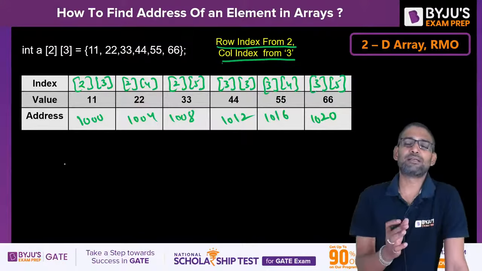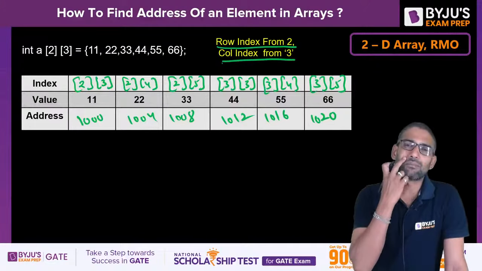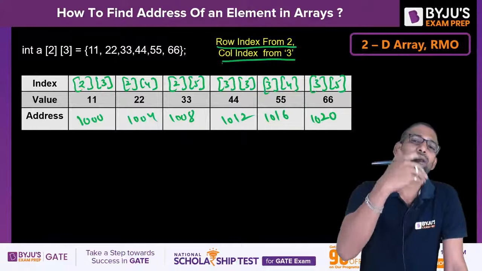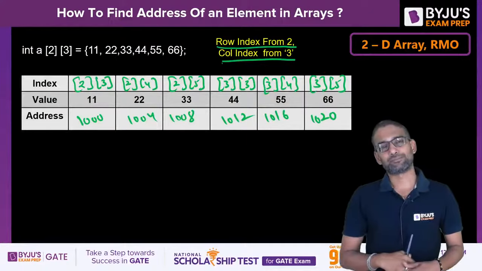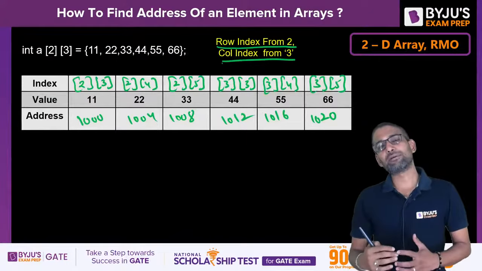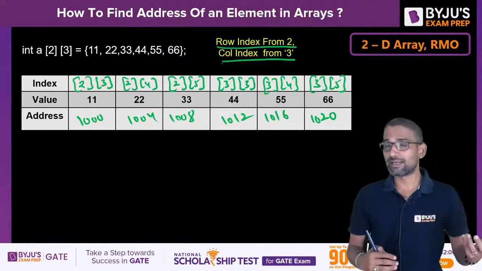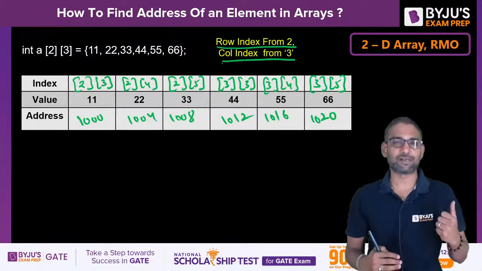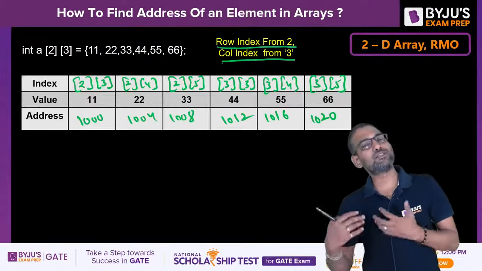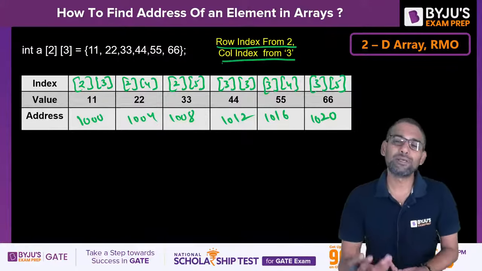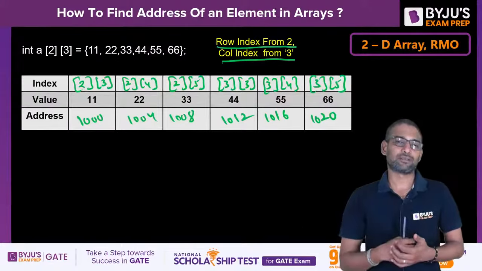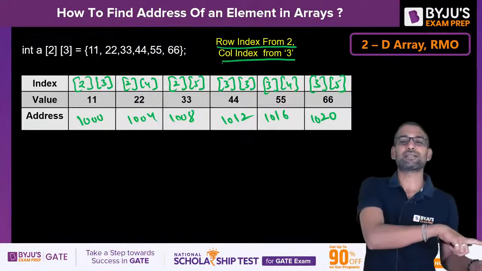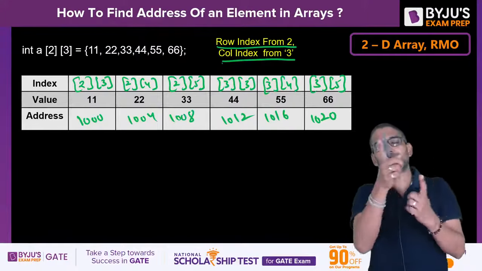Why have I done I minus 5? Because the row index started from 5. Similarly, why have I done J minus 5? Column index also started from 5. Here, row index started from 2, column index starting from 3.